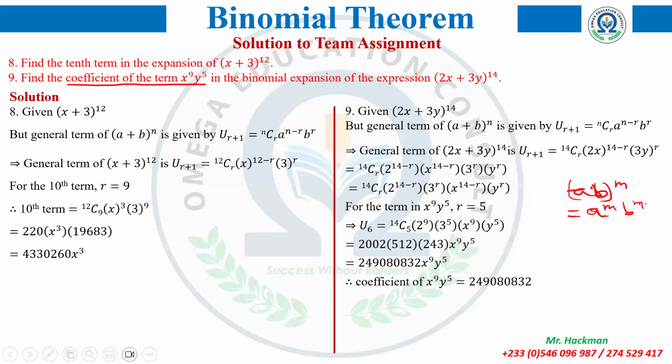So that's what we are going to use. At this point, this will give us 2 to the power 14 minus r. That's what we have here. And x also to the power 14 minus r by using the laws of indices. And this will also give us 3 to the power r, then y to the power r. So this simplifies into this.